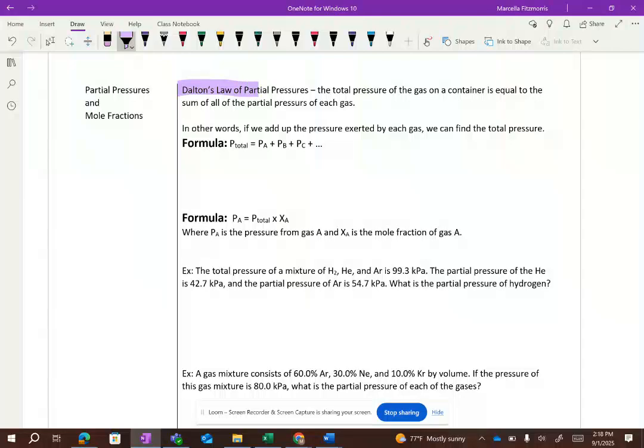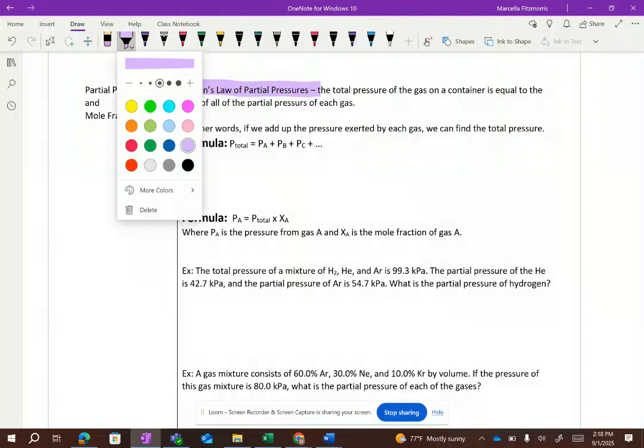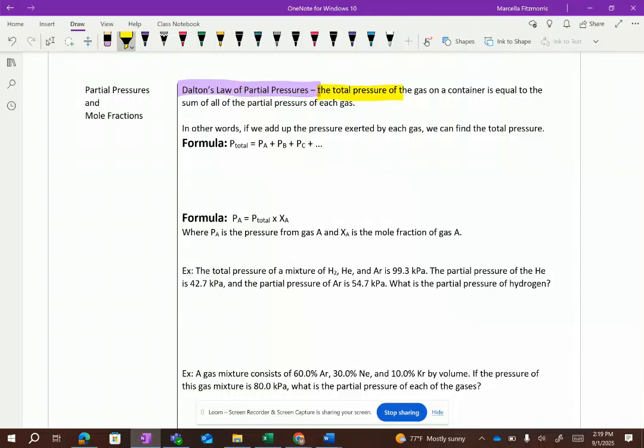What's a mole fraction? A mole fraction, which is represented by XA, equals the moles of A over the total moles. This is a mole fraction. We're going to use it in a few moments in a problem, so it'll be easier to see.